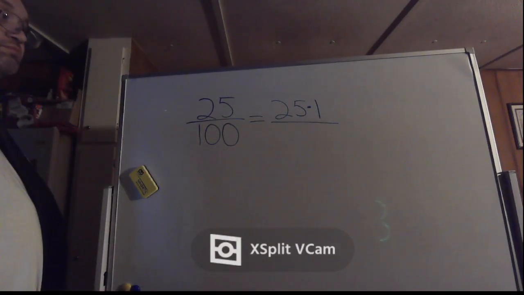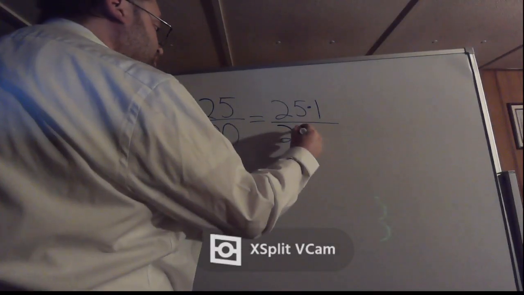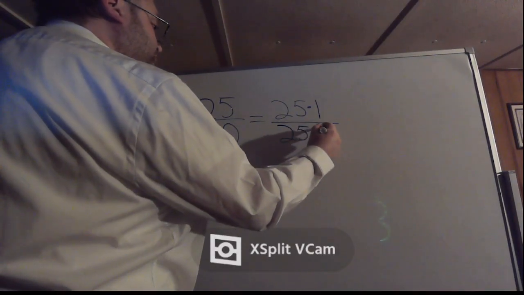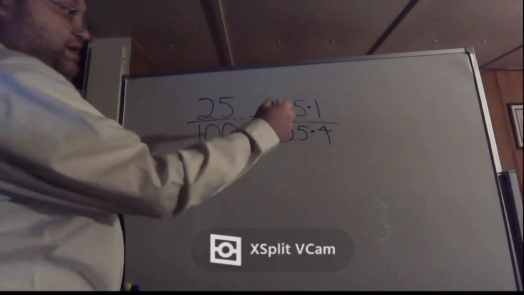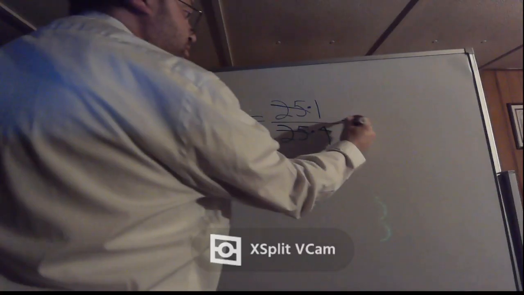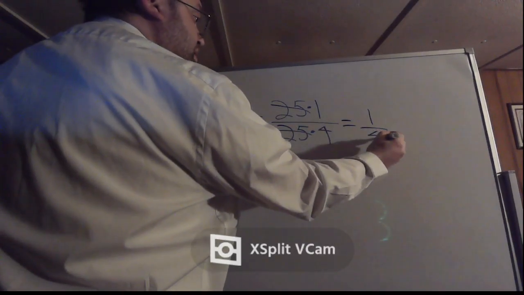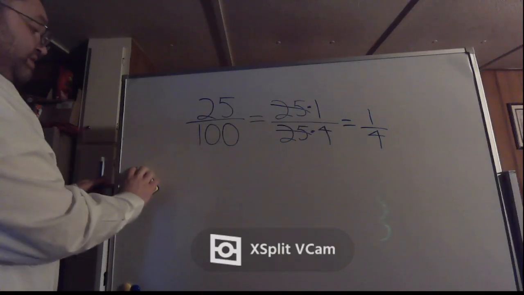Then we know 25 times 4 equals 100. So you have your factors there. 25s will cancel out. You are left with 1/4. You can't reduce 1/4 any further, so that's your answer.